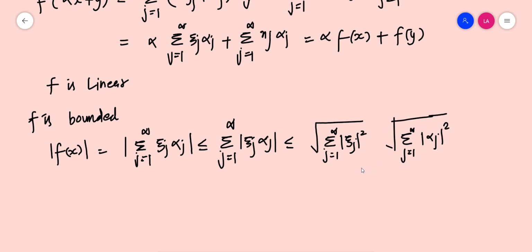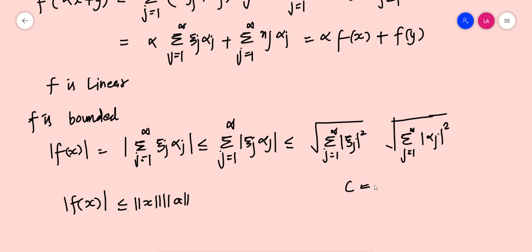By the definition of norm on L2, this is norm x, and this is norm a. So modulus of f of x is less than or equal to norm x times norm a.